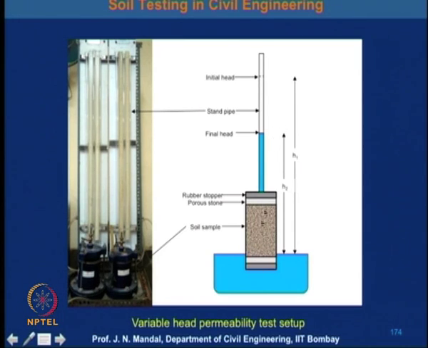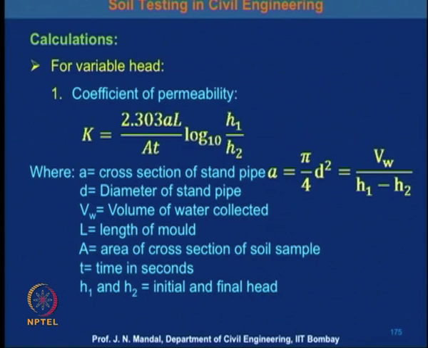And here is the sample, whose length is L, that is the length of the mold, and the cross section of this soil sample is capital A. At a particular time t, you collect the water and measure the quantity collected, that is the volume of water VW. So you can measure H1 and H2 at a particular time t, and the volume of water collected.